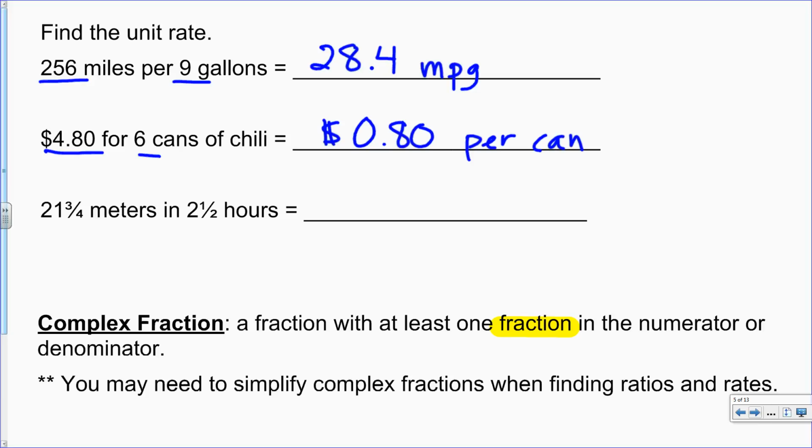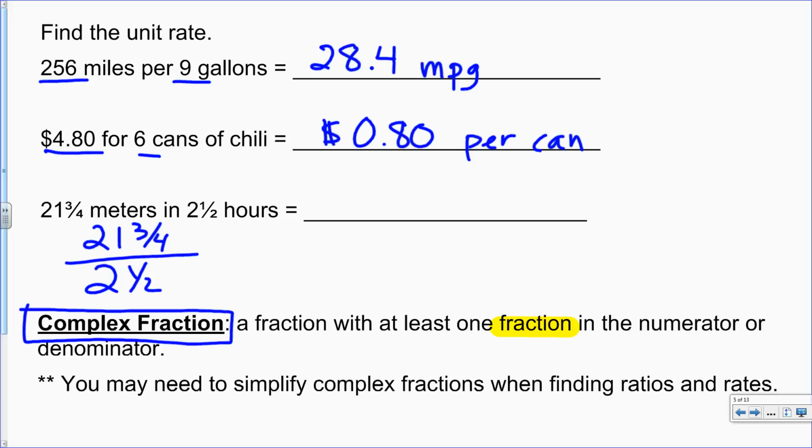Now on this last one, it becomes 21 3/4 divided by 2 1/2. And what you've got there is a fraction within a fraction. When you have that, that is called a complex fraction, okay? A fraction with at least one fraction in the numerator or denominator. And you're going to be dealing with complex fractions in this unit.